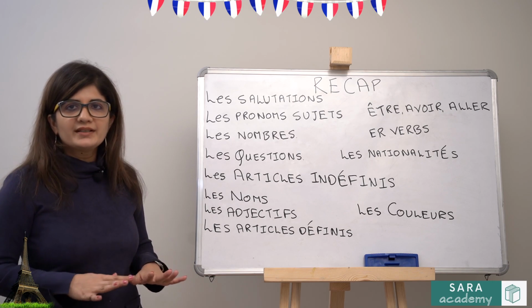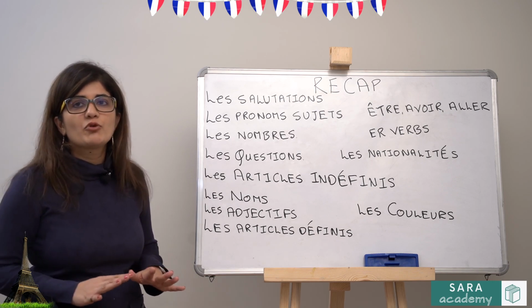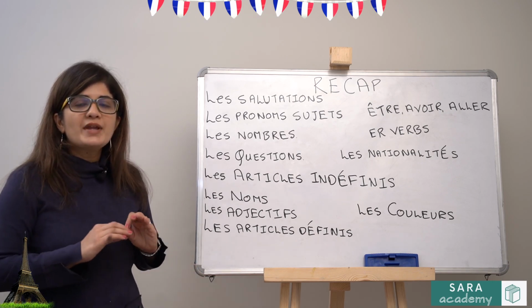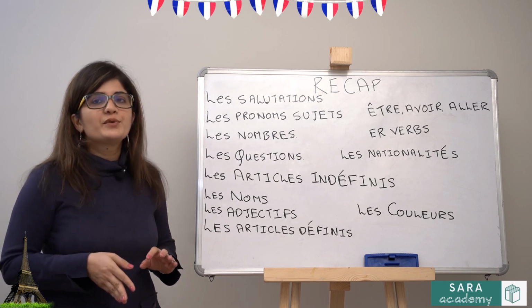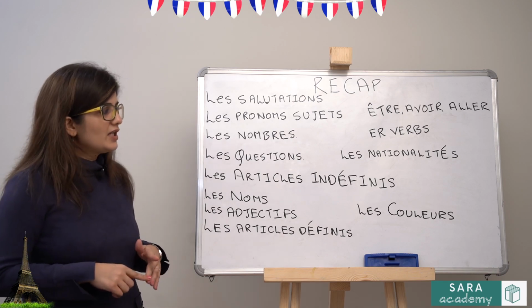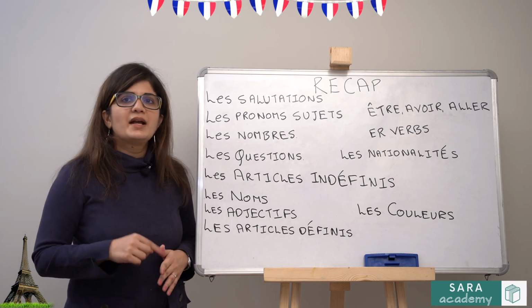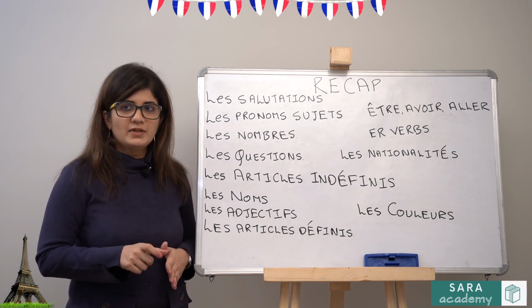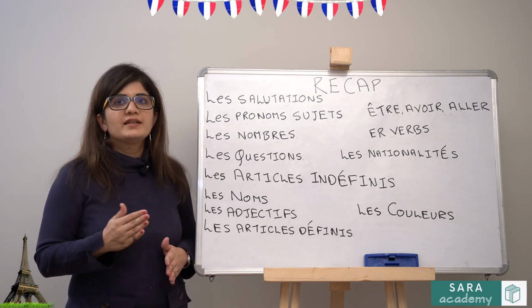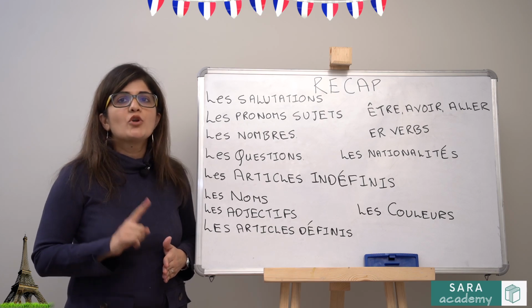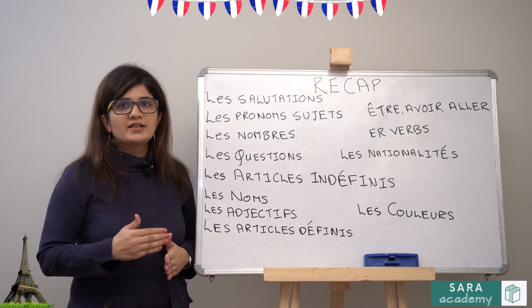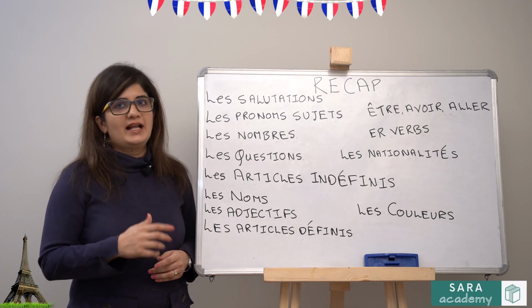So you will not make them feminine or plural by adding an S. They remain the same in all the 4 forms. And if the color ends with an S in its masculine singular form, it remains the same in its masculine plural form. You will not add another S, just like we studied in nouns and adjectives.